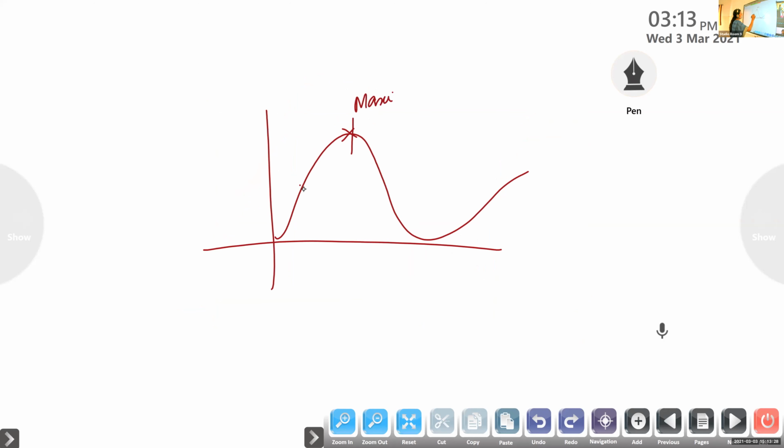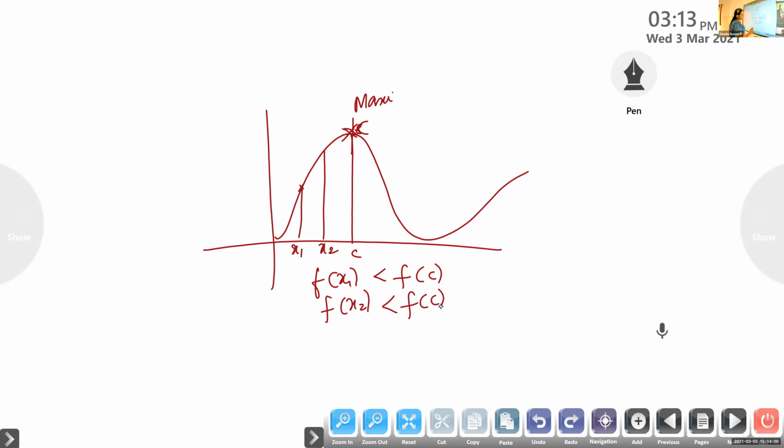Suppose this is the point x1, this is the point x2, and the maximum occurs at C. Look here, f of x1 will be less than f of C. It is going on increasing, so at the point C only you get the maximum. F of C will be the biggest value, isn't it? Similarly, f of x2 will also be less than f of C.